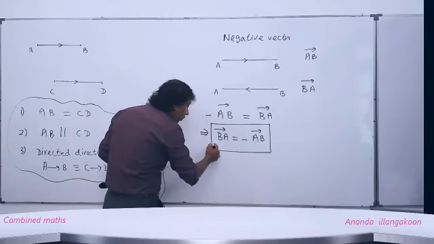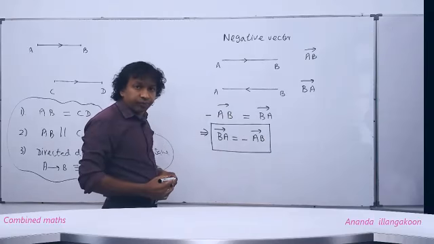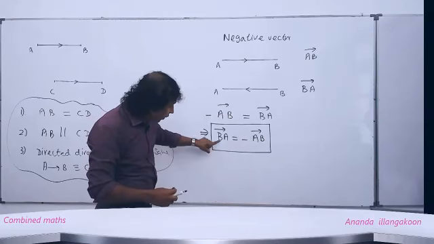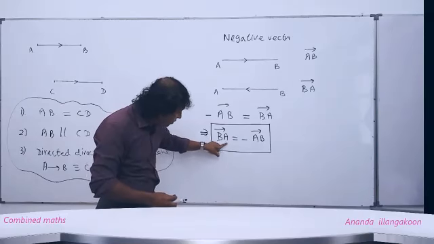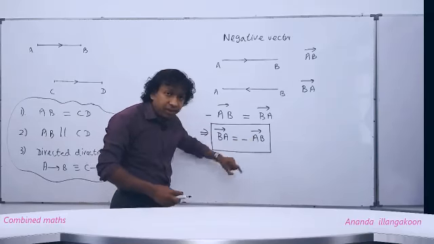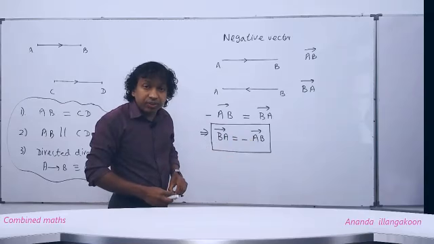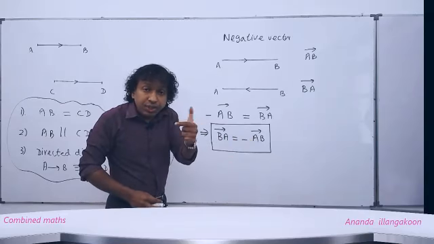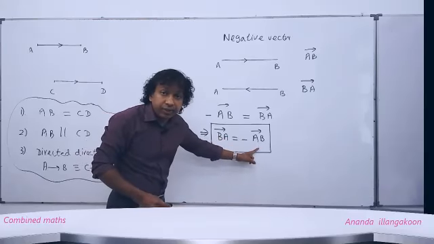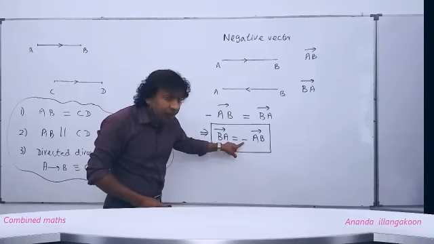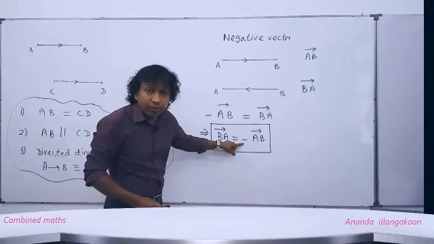Then here you have to understand one more thing. You can very clearly see here, on the left hand side, the order of the letters is first B, then A. On the right hand side, the places are interchanged: A came first and then B. Remember, when we interchange the letters of the vector and write the new vector, an extra minus sign comes before.